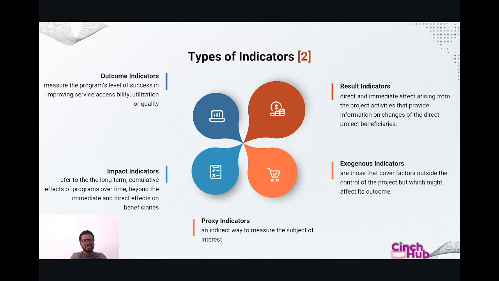Maybe the training you wanted to do was a physical session, plumbing, vocational, hands-on, but because of the COVID outbreak, social distancing and the likes, you resorted to virtual training. So there are factors outside the control of the project that now affect the outcome of your intervention.